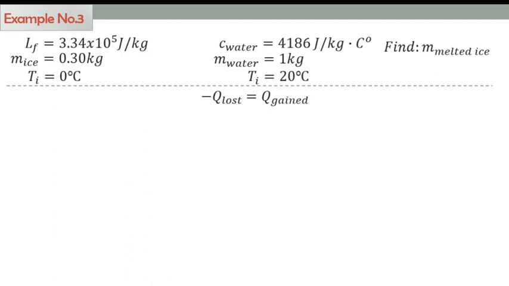So to compute for the amount of ice that will melt, we will be using the formula of negative Q loss is equal to Q gained. So the amount of heat lost will be the energy lost by the water, which is negative mc delta T, and the amount of energy gained is the energy gained by our ice for it to melt, which is equal to mass of the ice times the latent heat of fusion.